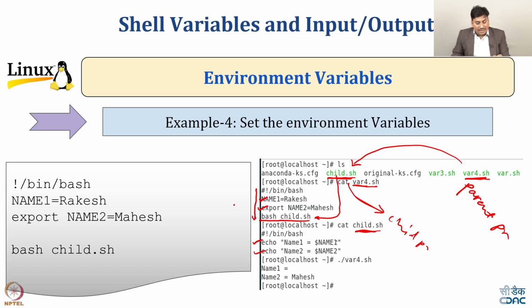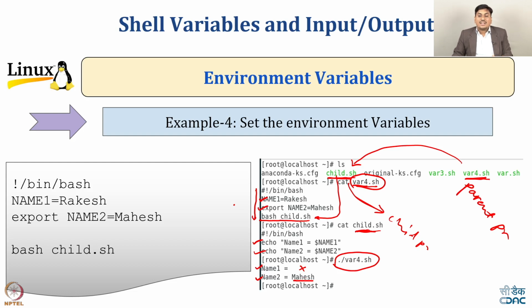So now when I run this variable 4.ss script, you can see that though in the child script I have echoed both the names, name 1 and name 2, there is no output for name 1 variable, but there is output for name 2 variable.